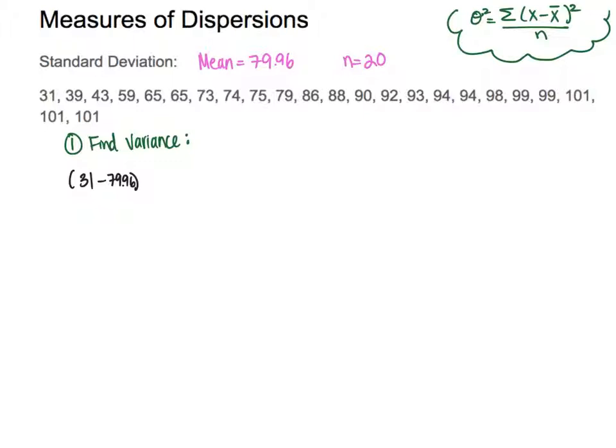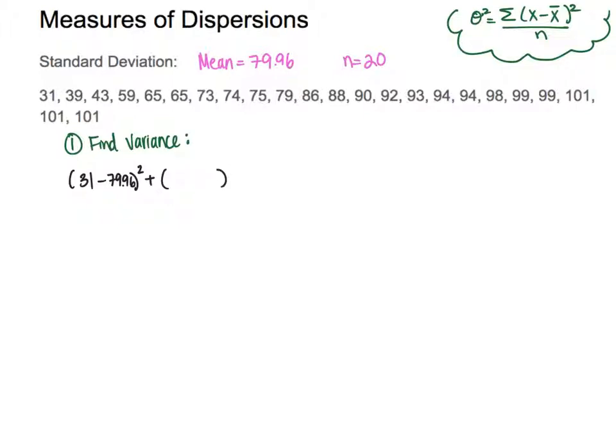I know it's so much easier to work with whole numbers, but because we're finding the standard deviation, I don't want you to have a bunch of rounding error. Because we're going to be squaring it and then taking the square root of it, it's going to cause a lot of error if you round to the whole number. So let's avoid rounding the mean to the whole number and just use it in decimal form. I know it's annoying, but it's going to make the data a little bit more accurate.